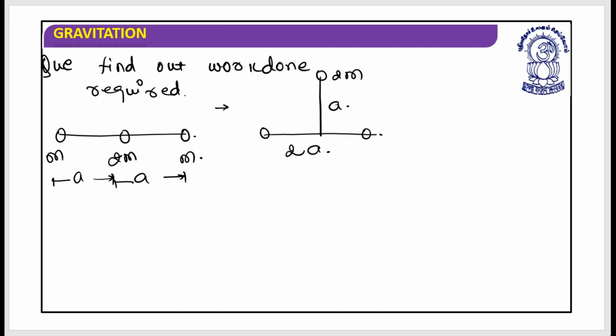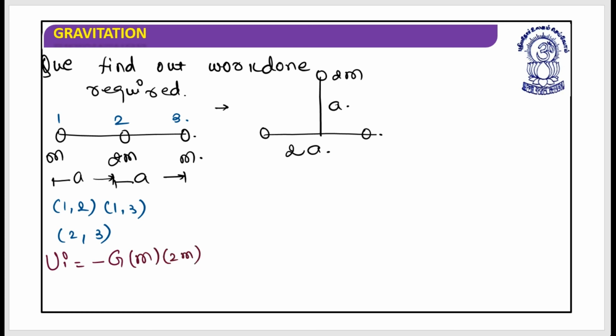So what I'm supposed to do is, let me give the numbers. It's 1 comma 2 comma 3. So the pairs will be 1 comma 2, 1 comma 3 and 2 comma 3. So this is initial potential energy, that will be equal to, for 1 comma 2, minus of G into M into 2M by A. 1 comma 3, it's minus of G into M square, divided by the separation between 1 and 3, which is 2A.